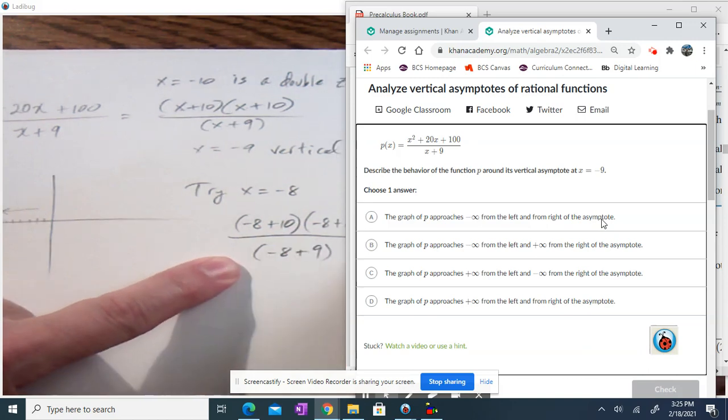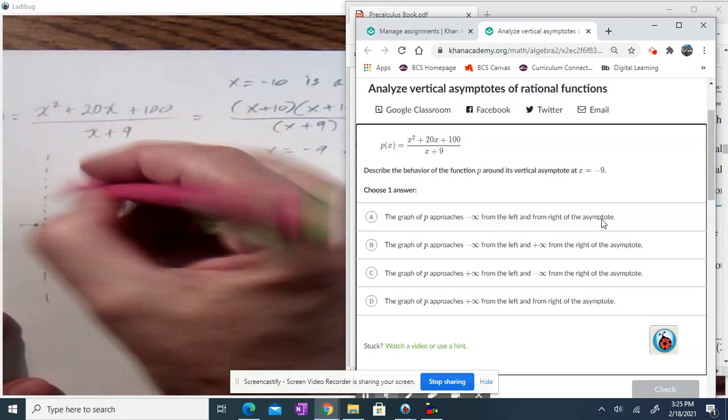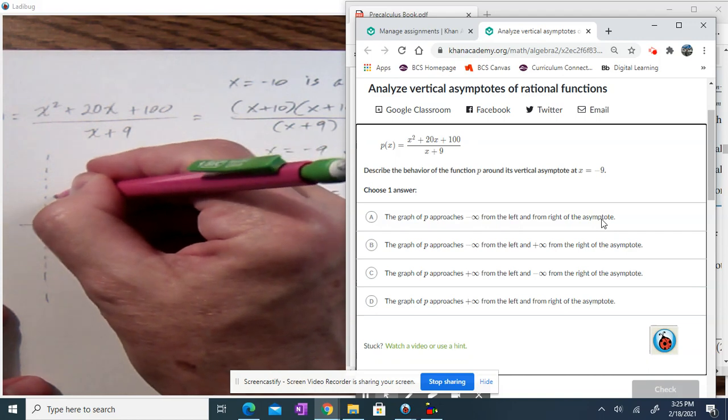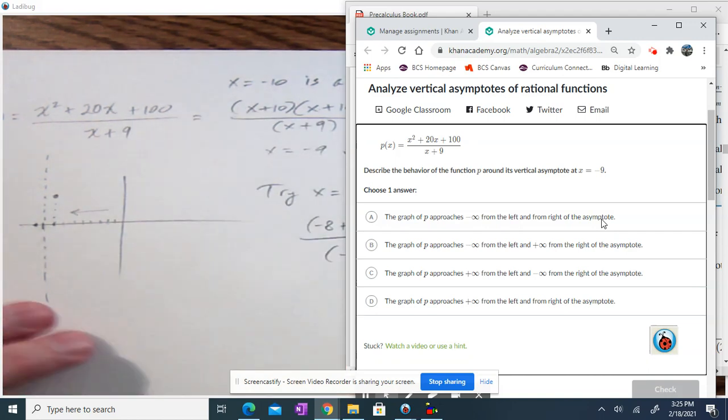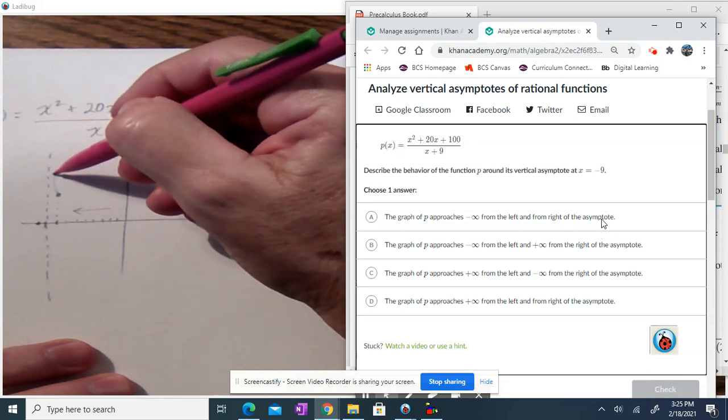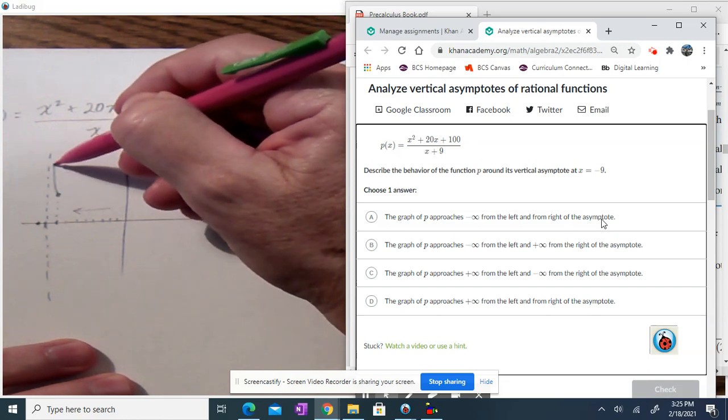That's going to be 2 squared, 4, over 1, so 4. So that means at negative 8, you're going to get 4. So I have a feeling it's going to go up right here as we get closer.